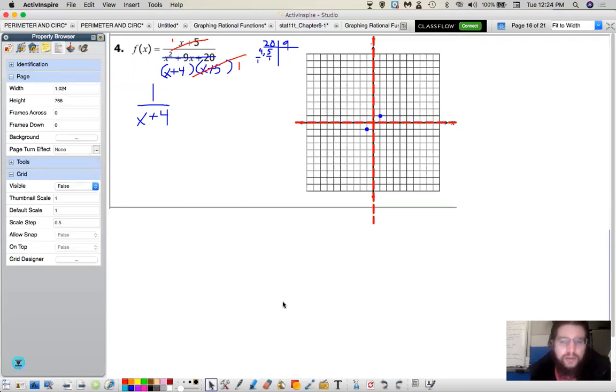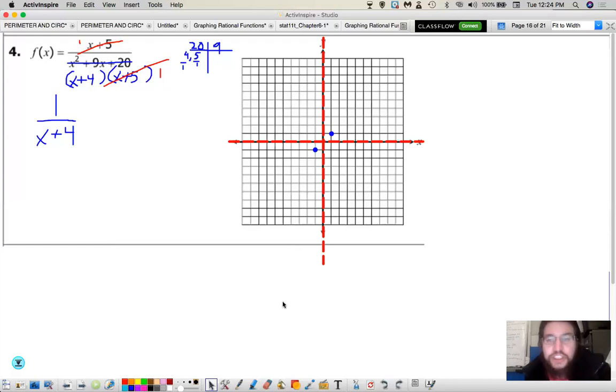All right. But remember, we have to shift this 4 units left. That means everything needs to go 4 units left. This dot, 1, 2, 3, 4. This asymptote, 1, 2, 3, 4. This dot, 1, 2, 3, 4. This asymptote, 1, 2. Oh, that's not going to move.